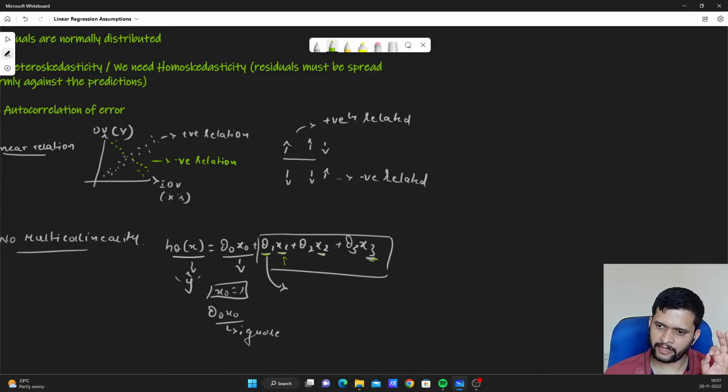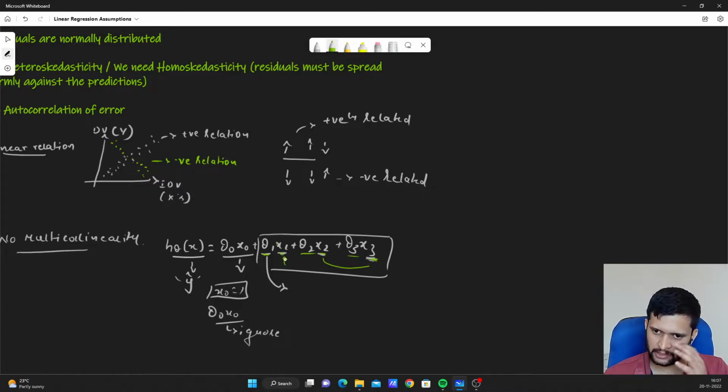It will be impacted by the changes of x1 along with the changes in x2 and x3, right? Because x1 is dependent on x2 and x2 is dependent on x3. These two are in turn dependent on x1. So, if each of these terms x1, x2, x3 are dependent on each other, these coefficients theta 1, theta 2, theta 3 are not the sole indicators for the effect of the independent variables associated with them.